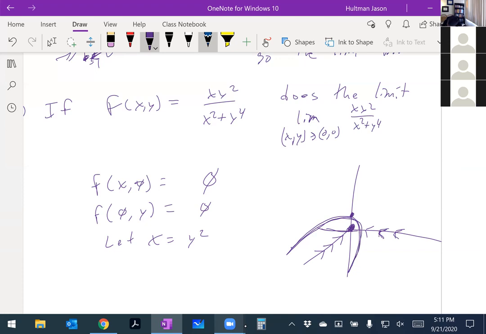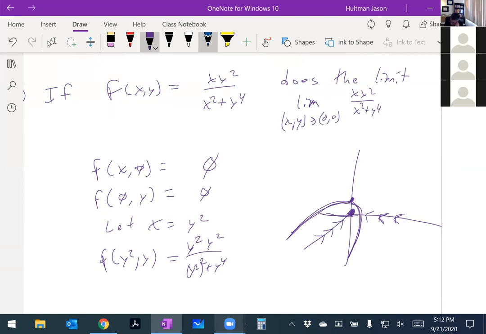Okay, we get problems. Why do we get problems? Let's plug this in. f of y squared comma y is equal to y squared times y squared all over y squared squared plus y to the 4th.